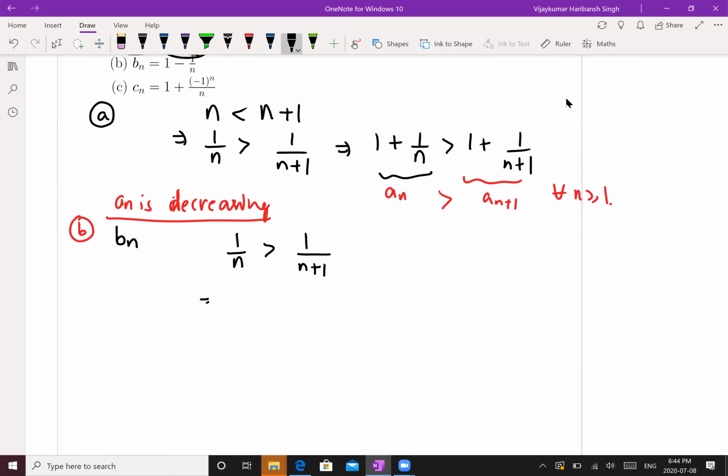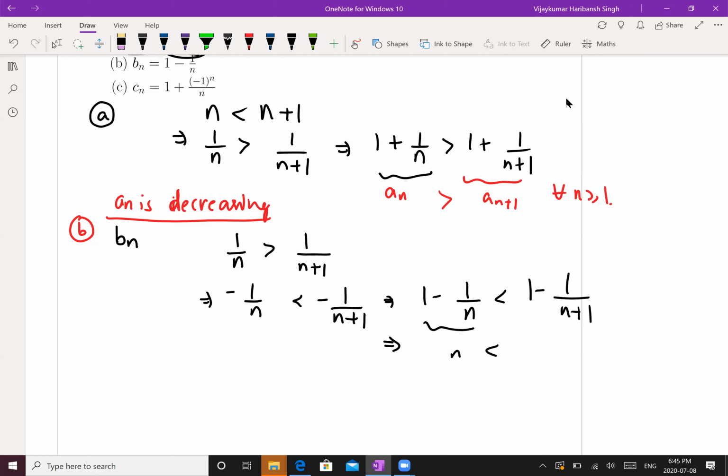Now if you put a minus sign on both sides, you get minus 1 by n is less than minus 1 upon n plus 1. Adding 1 on both sides gives us b_n less than b_{n+1} for all n greater than or equal to 1. Therefore, b_n is increasing. Sorry, b_n is an increasing sequence.